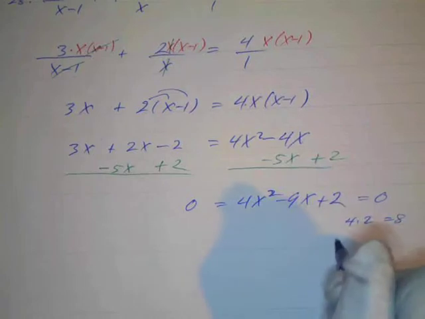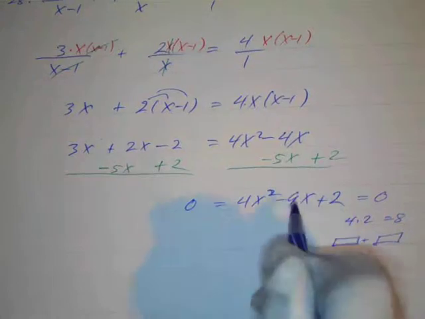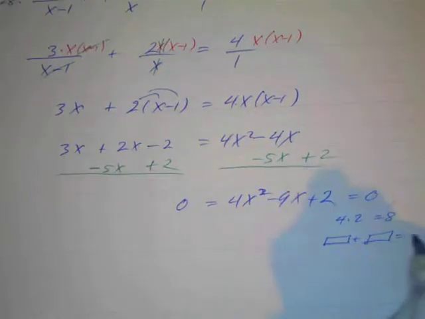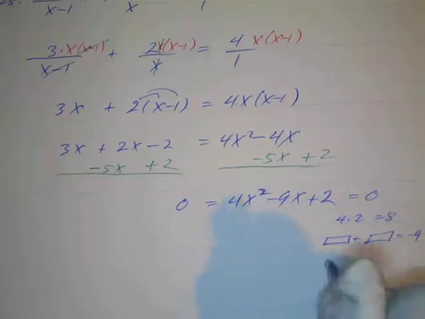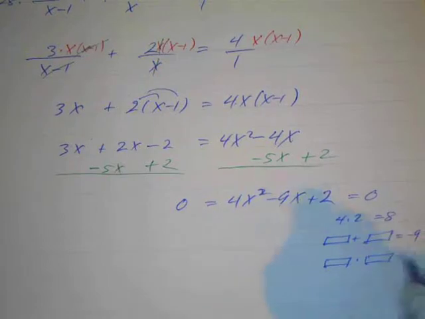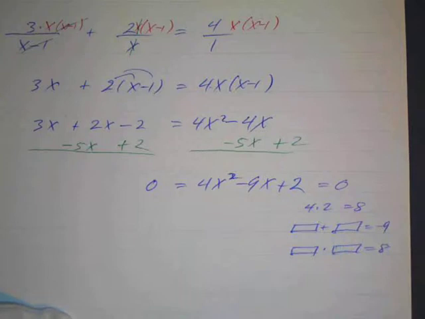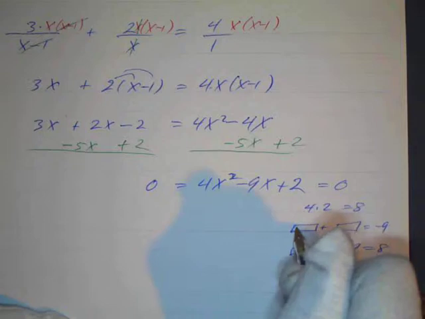So we need two numbers that add up to give this middle number, negative 9, but multiply to give 8. And that's a positive 8. So since they multiply to give a positive, the signs are going to be the same. And since they added to be a negative, they're both going to be negative.